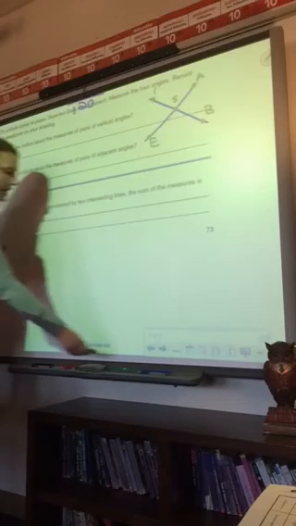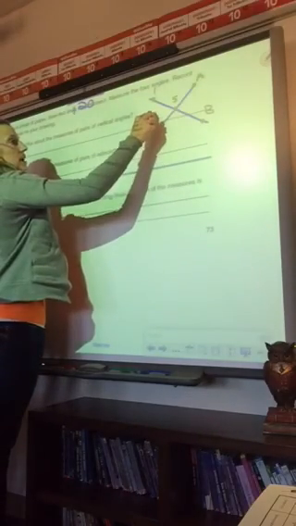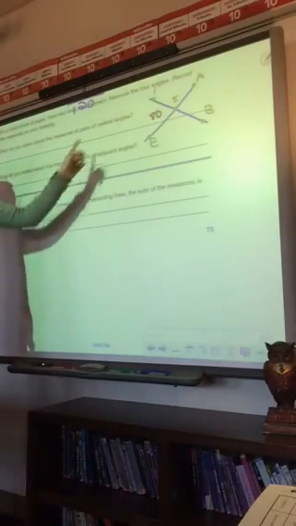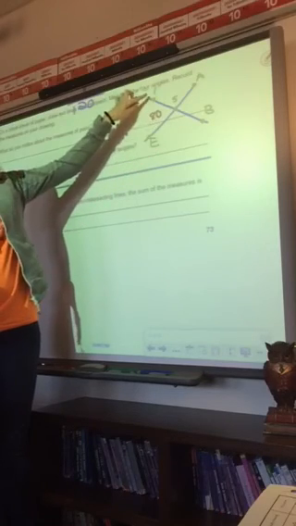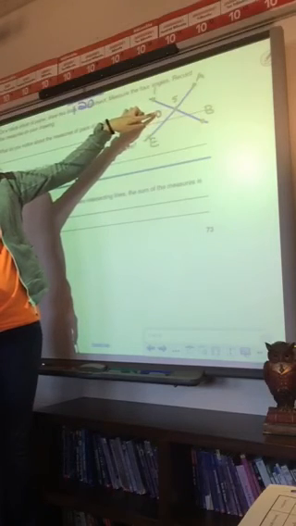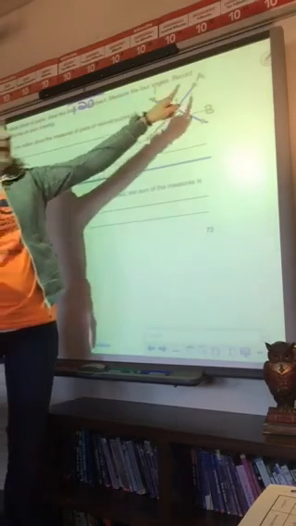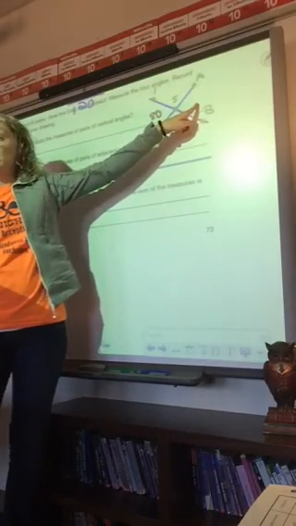And let's say that this is 80. The vertical angle to this would be what? What's the vertical or opposite angle to this, to ISE? ASB is its opposite or vertical, and its measure would have to be 80.